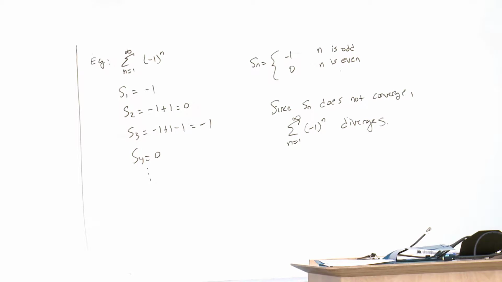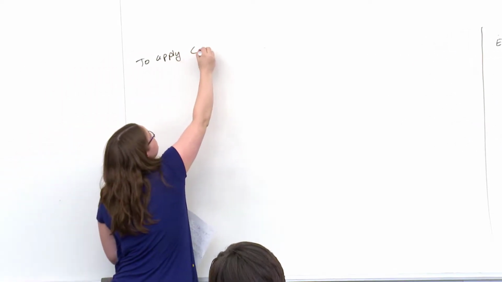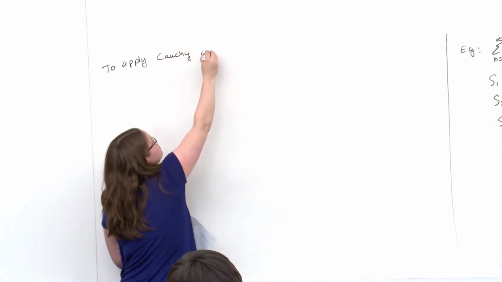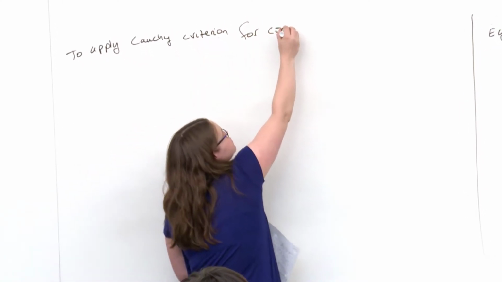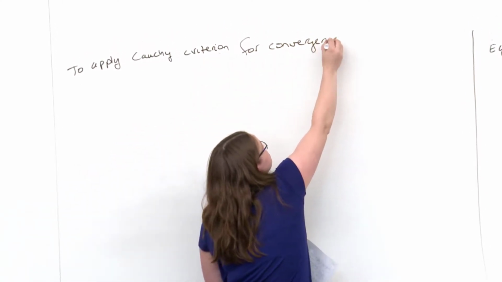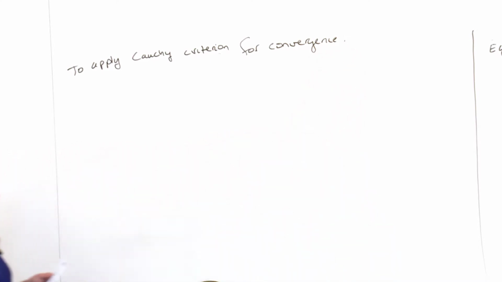Okay, so we want to apply our Cauchy criterion. So to apply the Cauchy criterion for convergence, what do we need to look at? We need to look at, again, the partial sums, and we need to look at two different terms in the partial sum sequence, right?